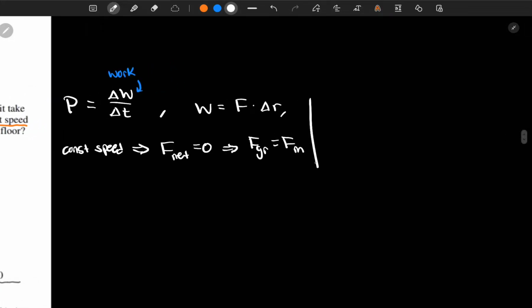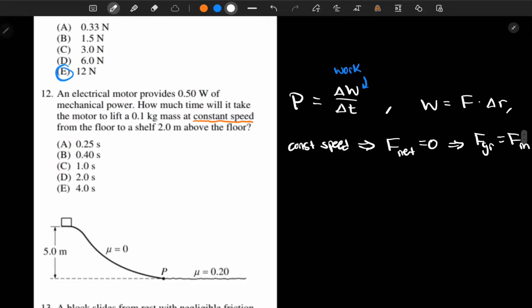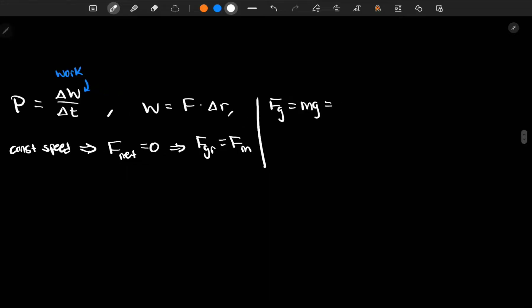And because the force due to gravity is equal to mg, which here, since we're raising a 0.1 kilogram mass, is equal to 0.1 kilograms times 10 meters per second squared, the force due to gravity is 1 Newton. So this also means that the force from the motor is 1 Newton.